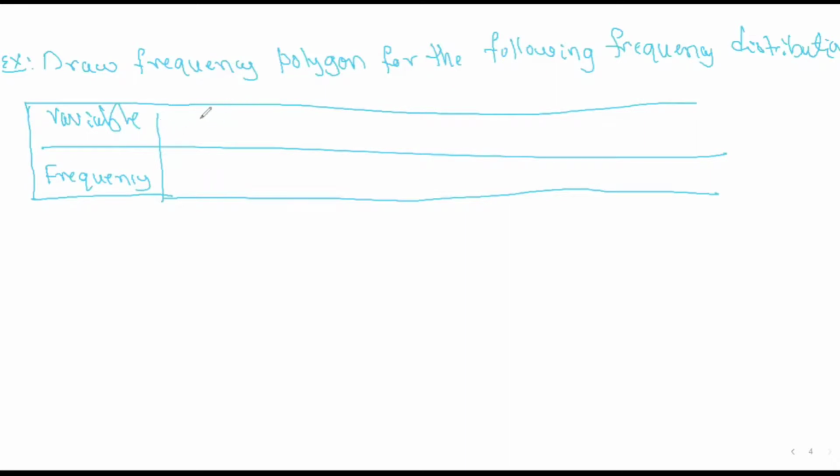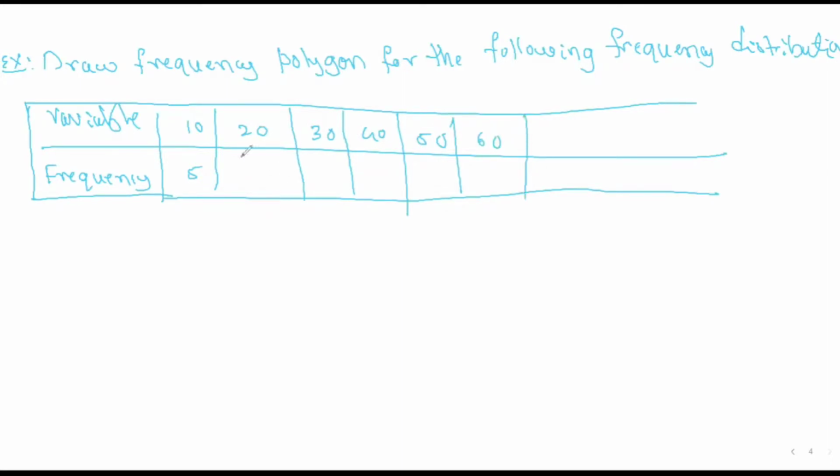Right. So whenever variable is 10, frequency is 5. Variable 20, next one 30, 40, 50, and 60.